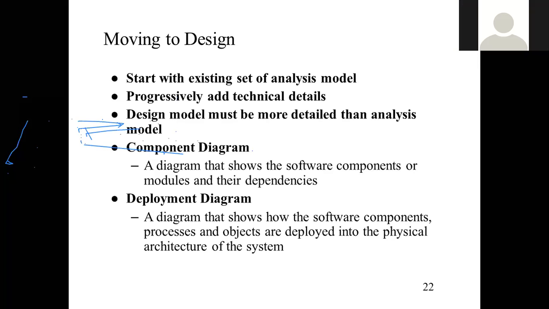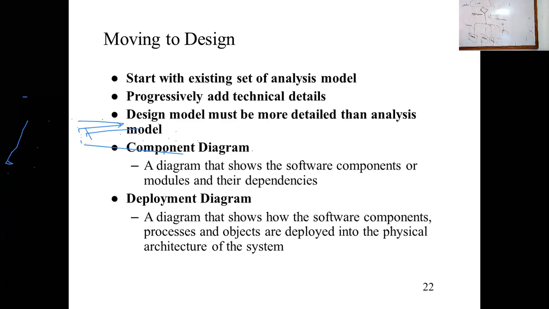Component diagram. Apart from the use case diagram, class diagram, object diagram, sequence diagram and state diagram, we have the component diagram and deployment diagram. What is a component diagram? A component diagram shows software components or modules and their dependencies. Next is the deployment diagram: a diagram that shows how the software components, processes and objects are deployed into the physical architecture of the system.